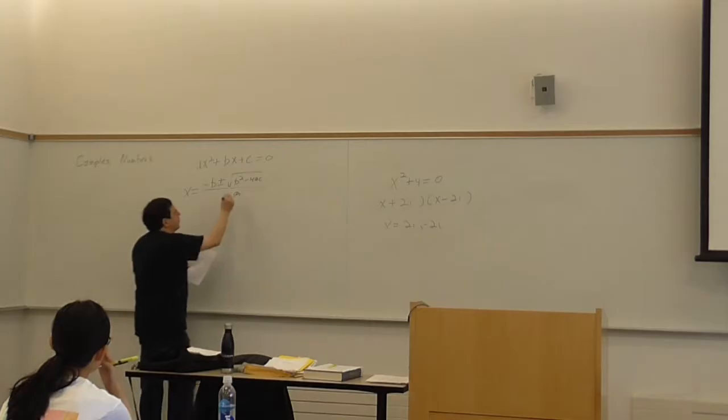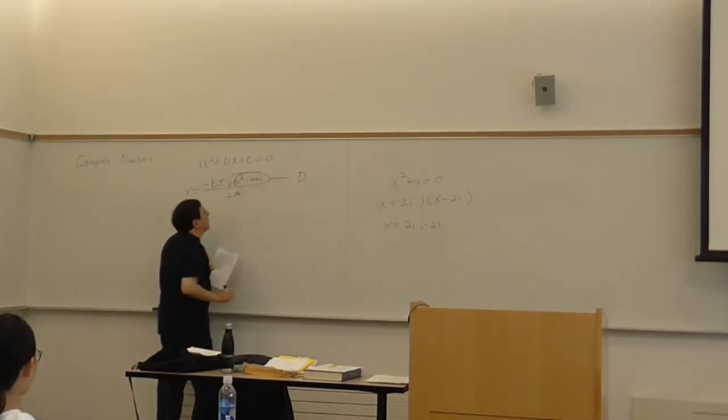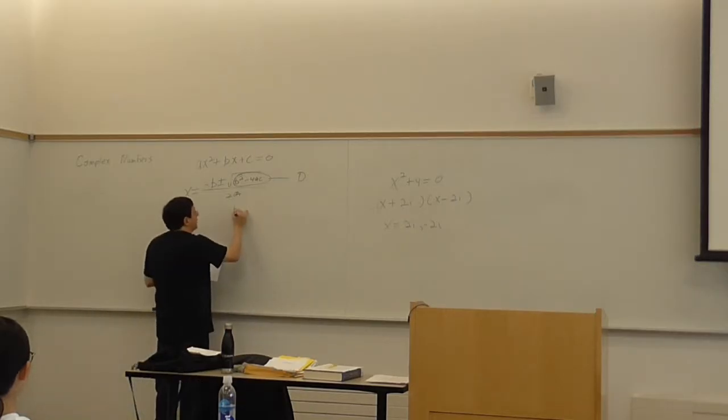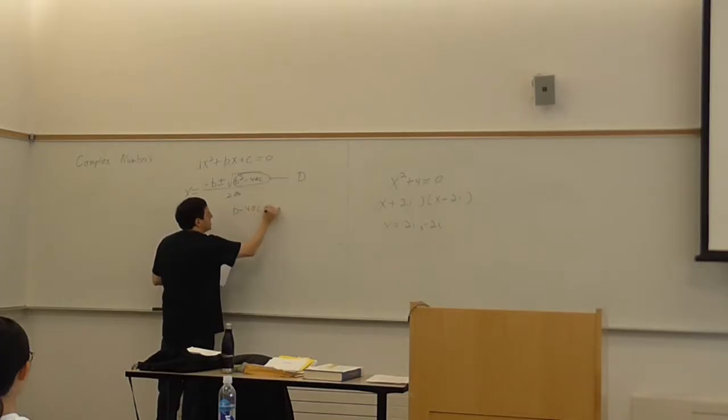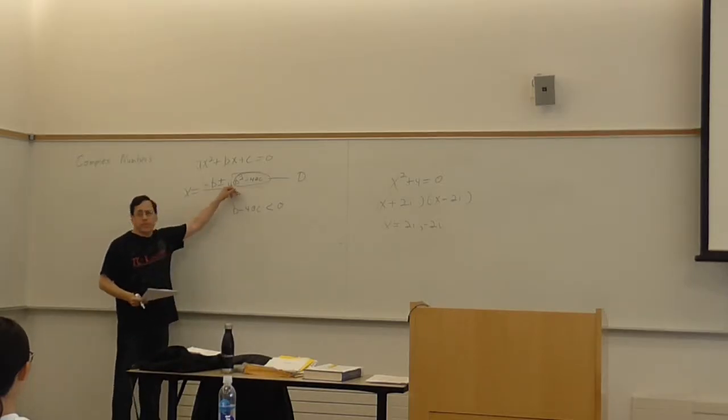And we look at the discriminant, the quantity here, and we discover that the discriminant might be less than 0. That tells us that this is going to be imaginary. So we're going to have two solutions.